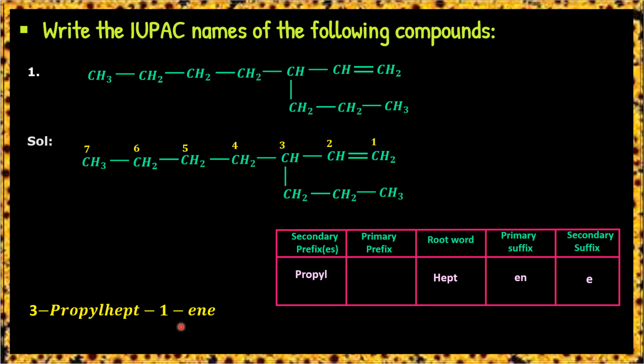We should remember one thing here: the position of the multiple bond, that is a double or triple bond, is placed immediately before the suffix ene or yne. For that reason, I have placed 1 before ene here.